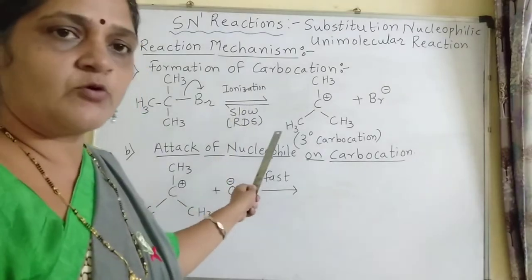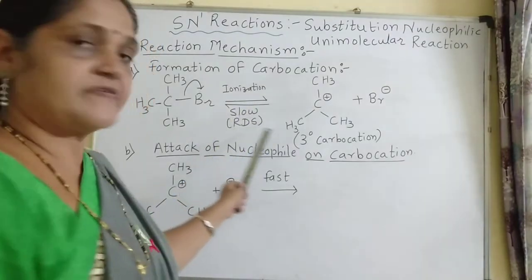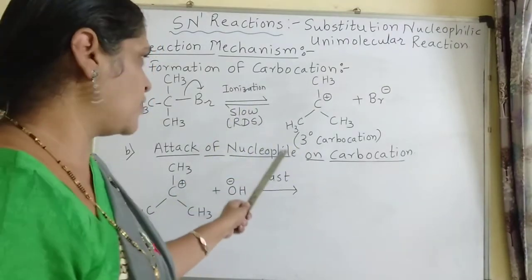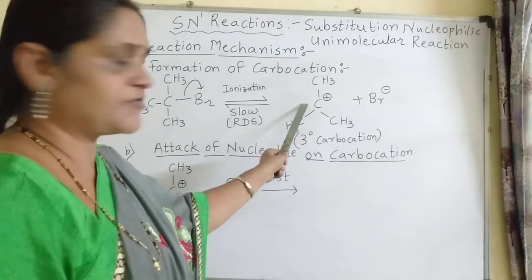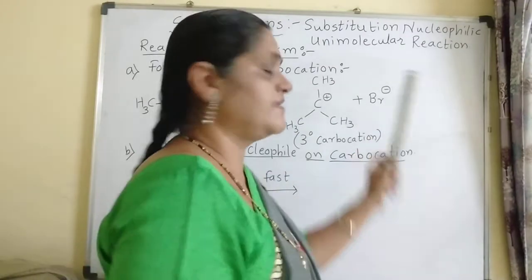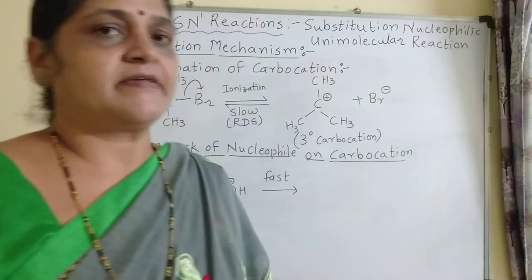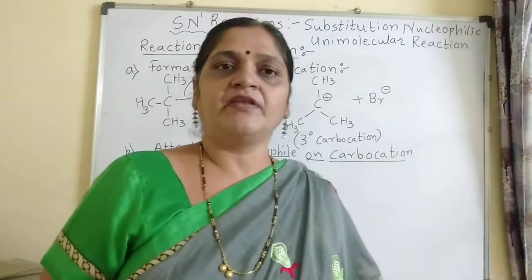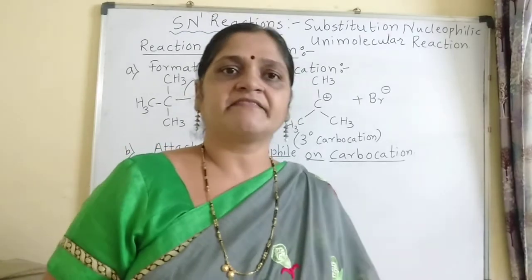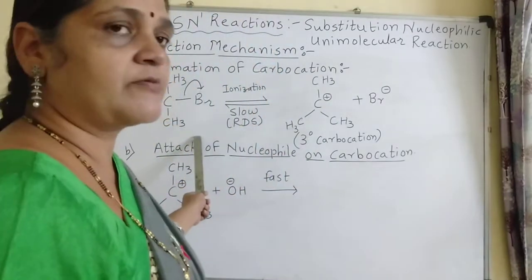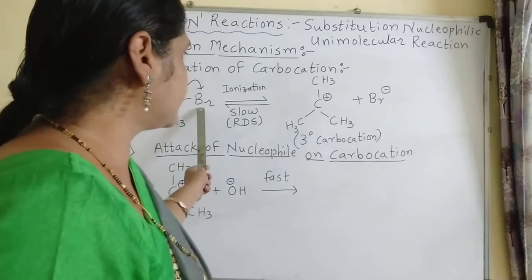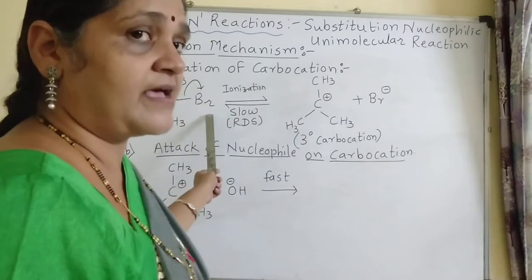This is a very slow step, and this step is the rate determining step of the reaction. So you will get a tertiary butyl carbocation produced over here and Br minus ion is separated. Now in this step, the polar protic solvent will help the ionization process, the slow ionization of this tertiary butyl bromide to separate the Br minus ion.